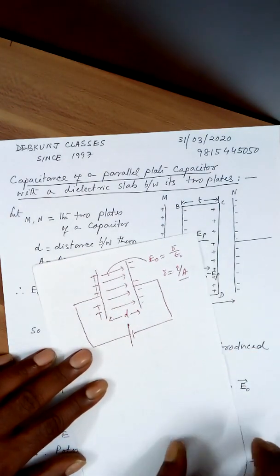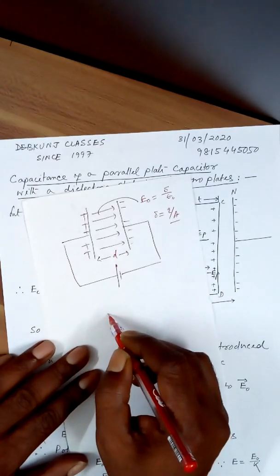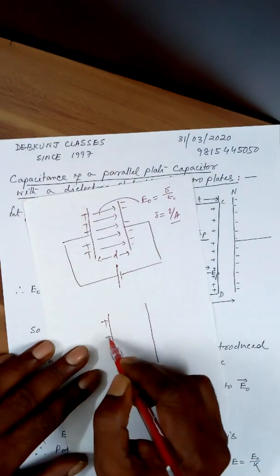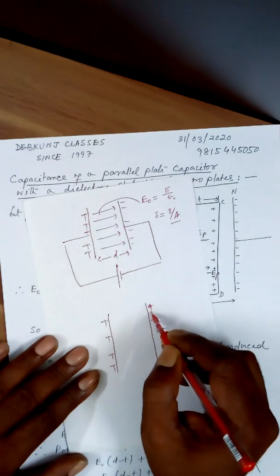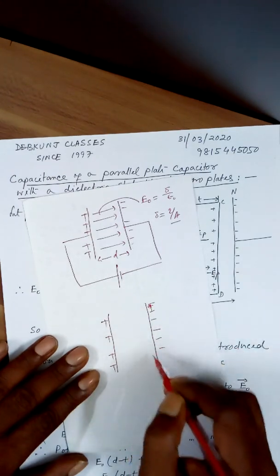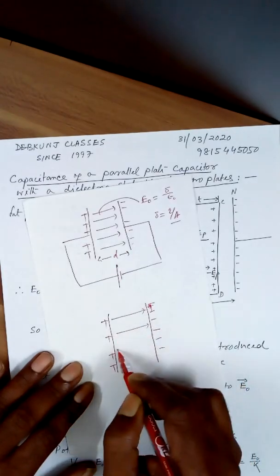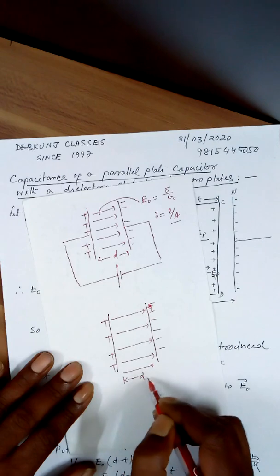And we have also learned in the previous lecture, between these two plates, the electric field E naught was existing in this region, from here to here, distance t.